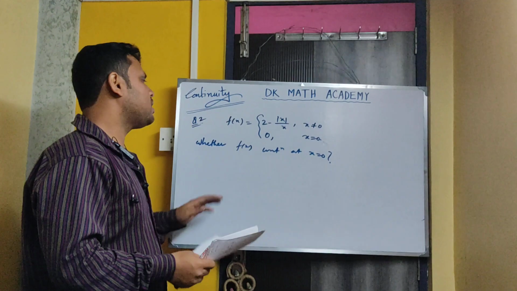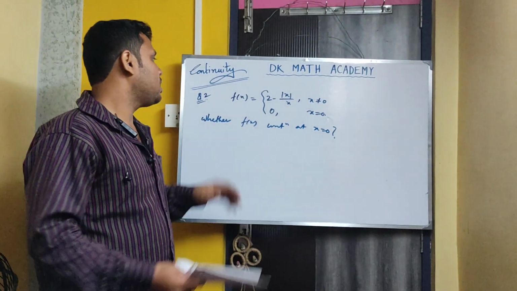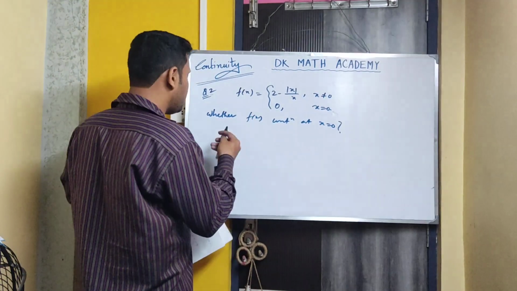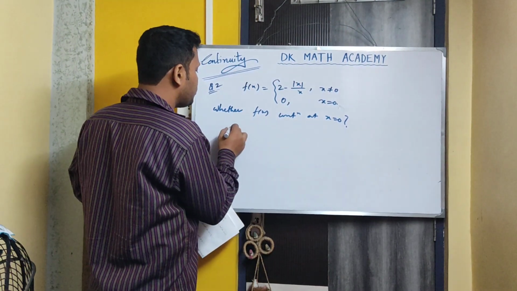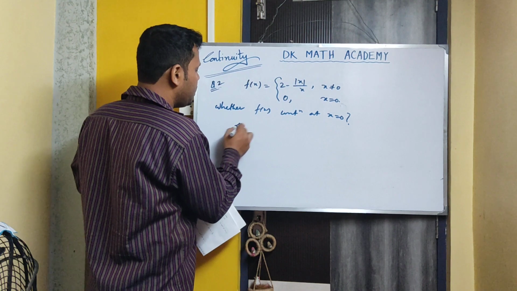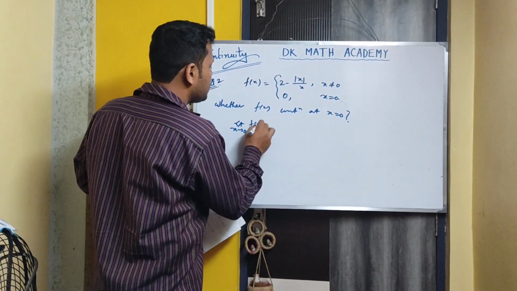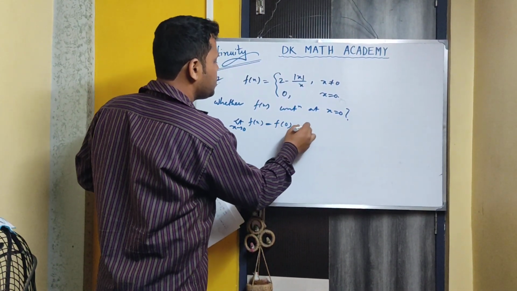Actually, this function will not be continuous, because to be continuous at the point x equals 0, we have to show the limit as x tends to 0 of f(x) equals f(0), that means 0.